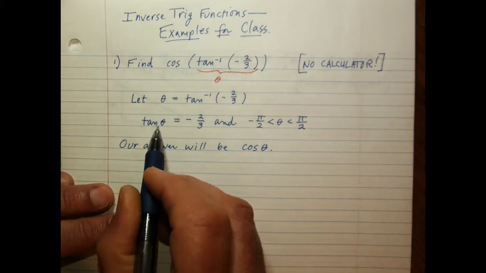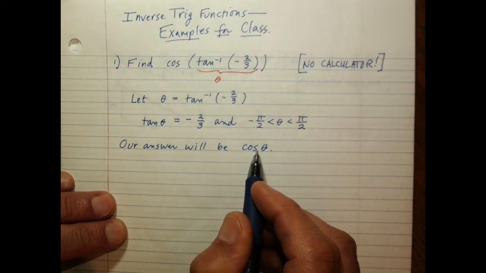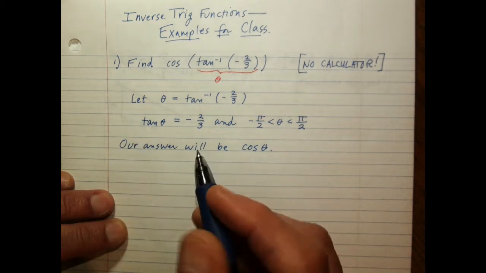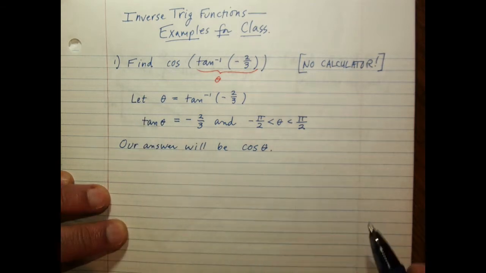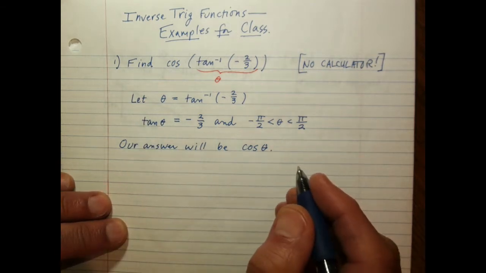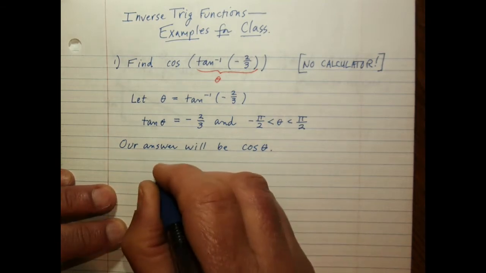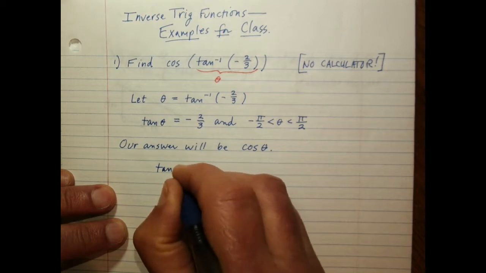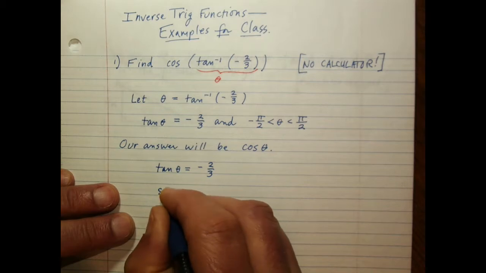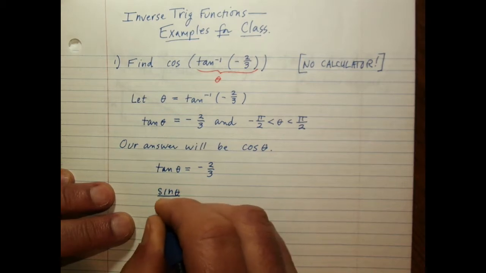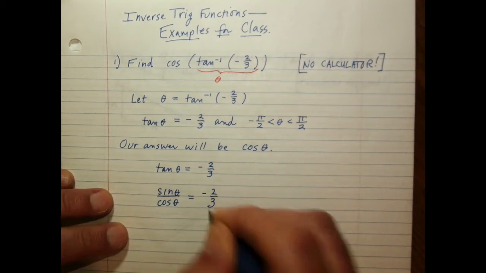Well, if you know tan theta and you want to find cosine theta, that's kind of a variation on our problems where we get from sine to cosine or cosine to sine without ever knowing what theta is. We're going to use the fact that we have tan theta equals negative 2/3. I can rewrite that as sine theta over cosine theta equals negative 2/3.